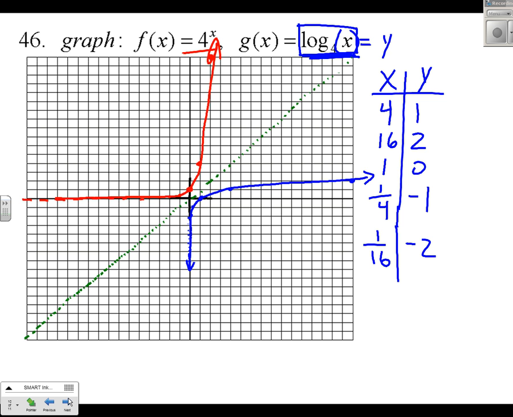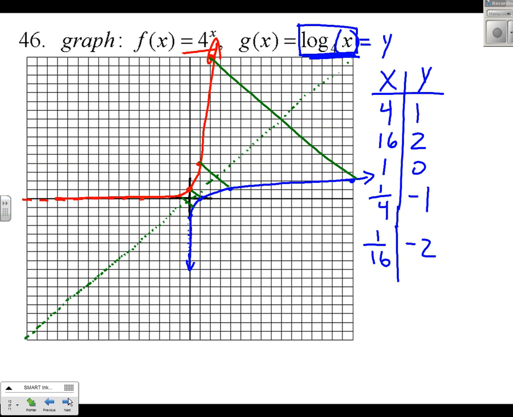And notice our symmetry here. 1, 4, 4, 1. 2, 16, 16, 2. 0, 1, 1, 0, -1, 1/4, 1/4, -1. These are inverse functions. Good thing to know. An exponential function and a logarithmic function. The inverse of an exponential function is a logarithmic function, and vice versa.